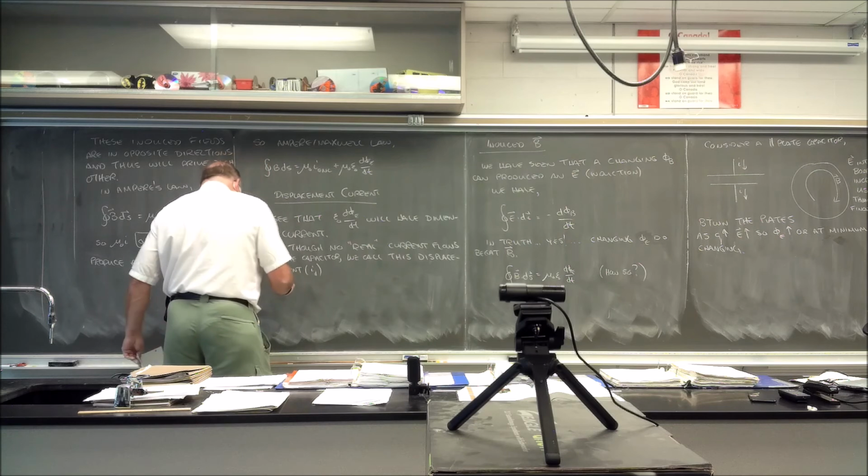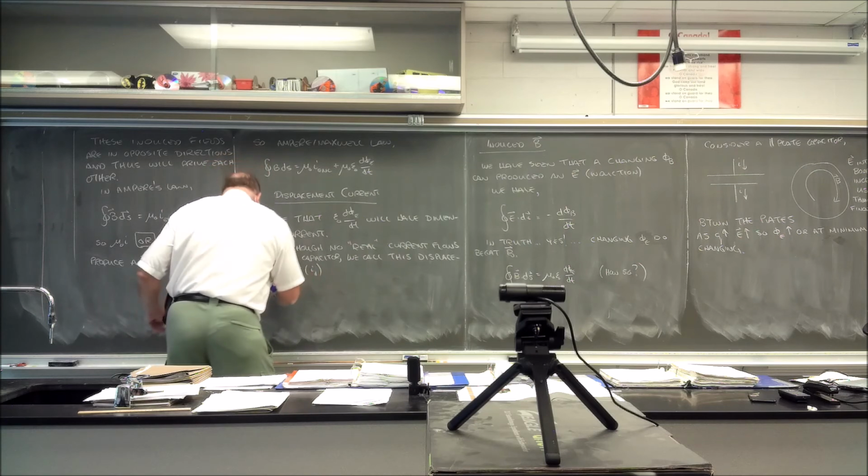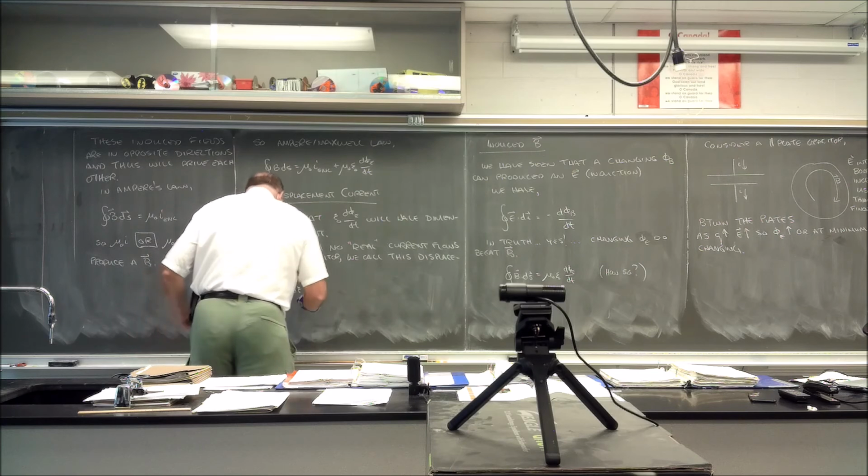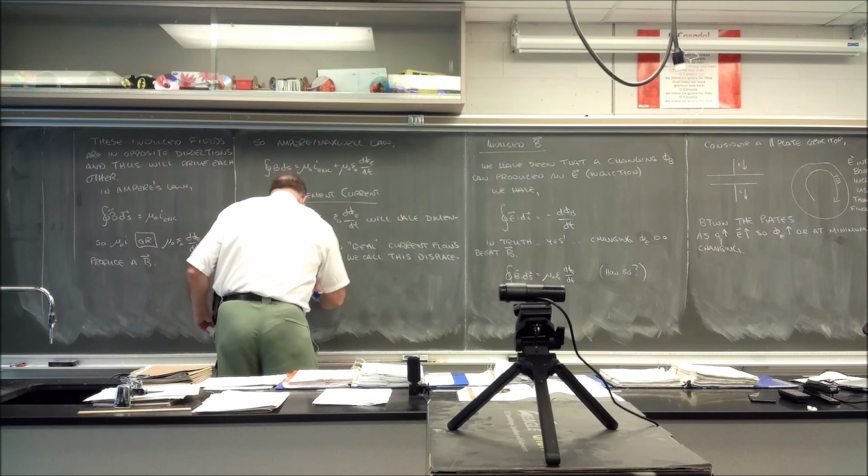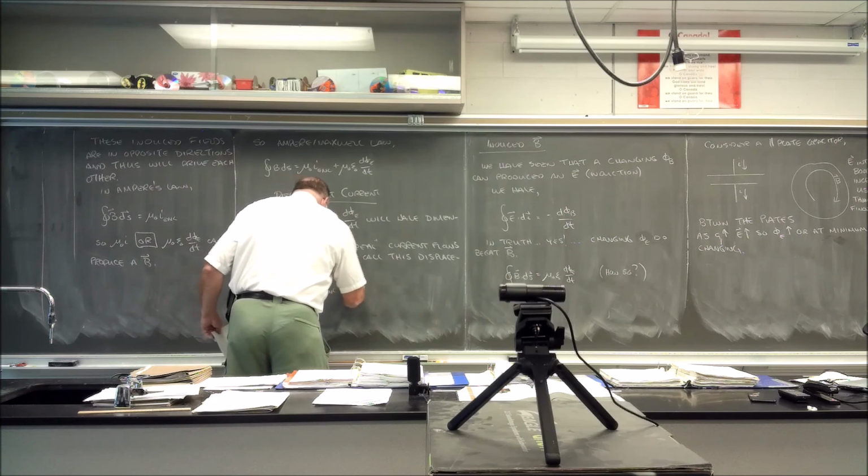So you might also see something like this, where we have the integral of B dot ds is equal to mu naught I enclosed plus mu naught I sub d.